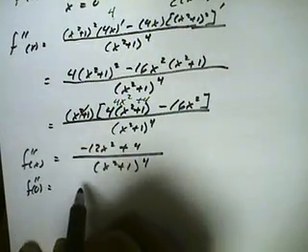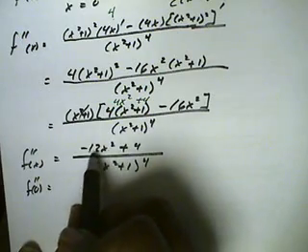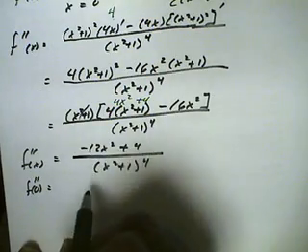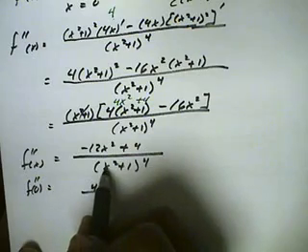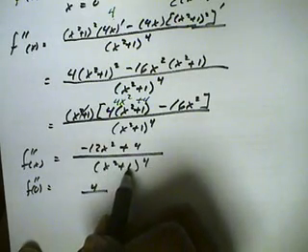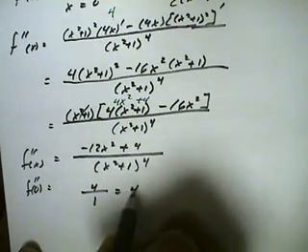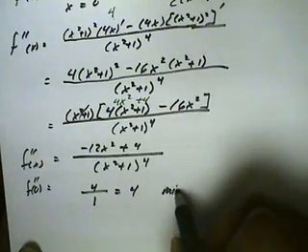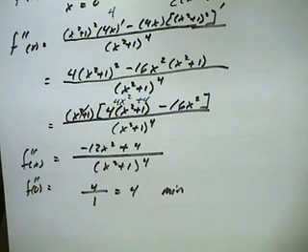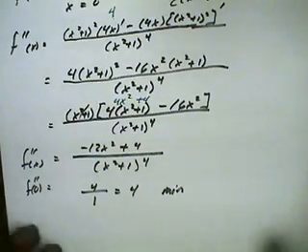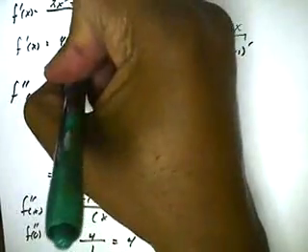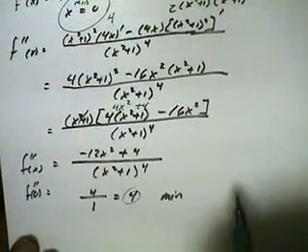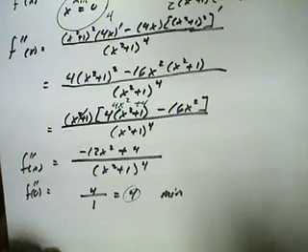So putting 0 in, we'll get 0 squared times negative 12, which is 0, and we get 4. 0 squared is 0 plus 1, and then you get 1, and all that becomes 4. So that's positive. Therefore, we're dealing with a min. So 0 is a min, and that's because we have a positive value out of our second derivative.